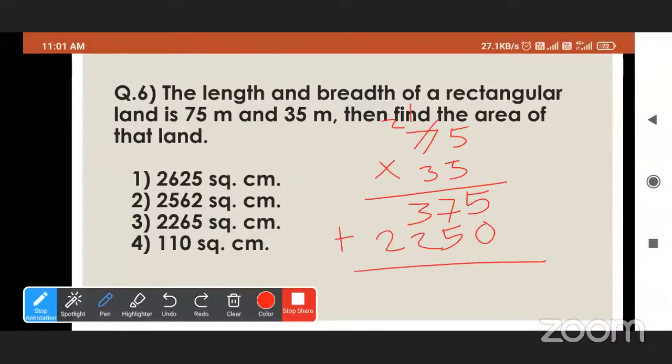Now do the addition. 5, 2, 6, 2. So which one is the correct option?